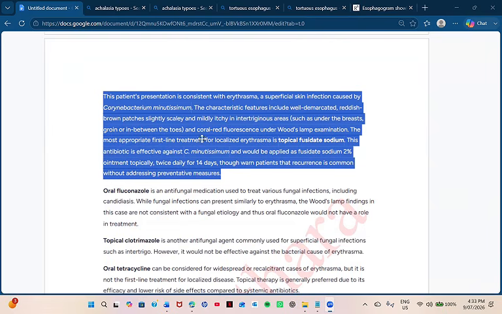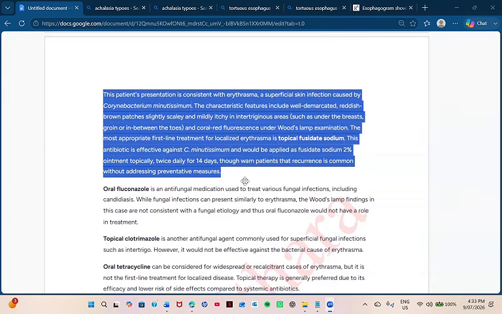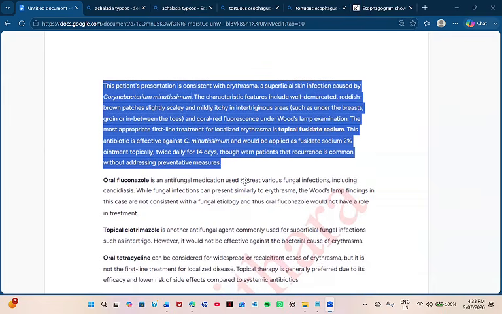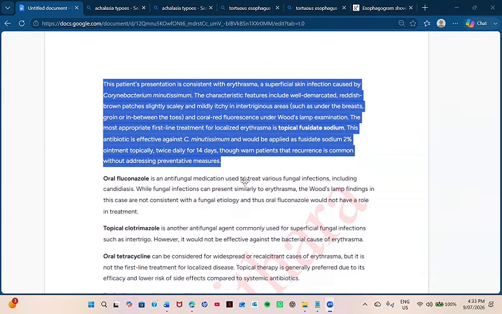The coral red fluorescence under Wood's lamp examination is very important. Remember coral red under the Wood's lamp examination.